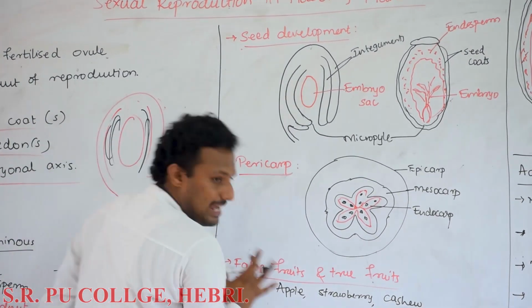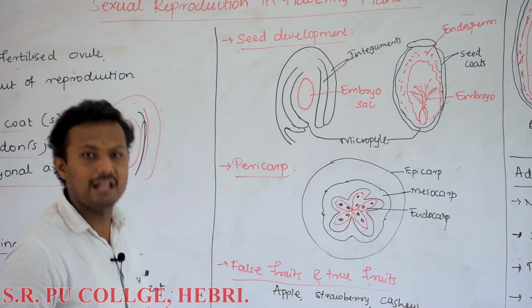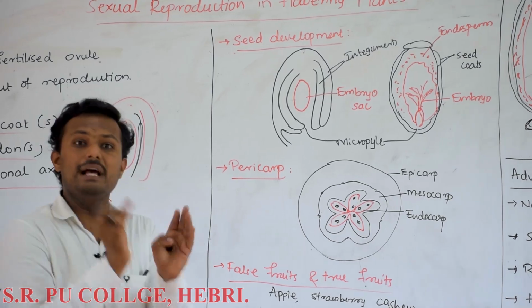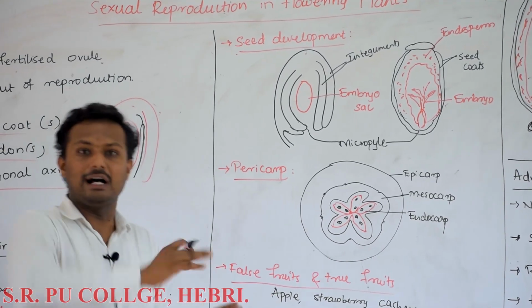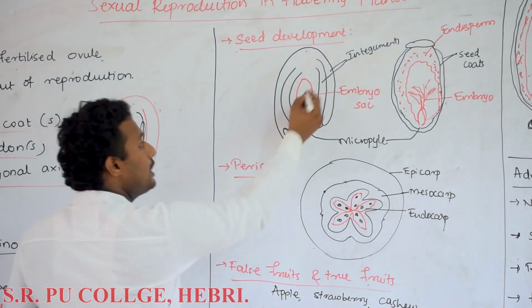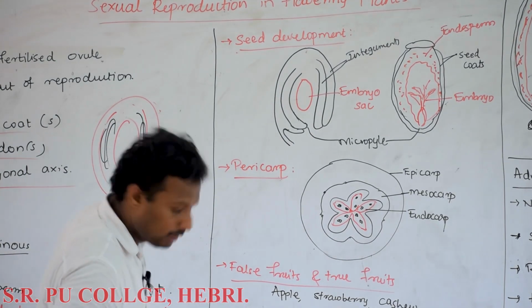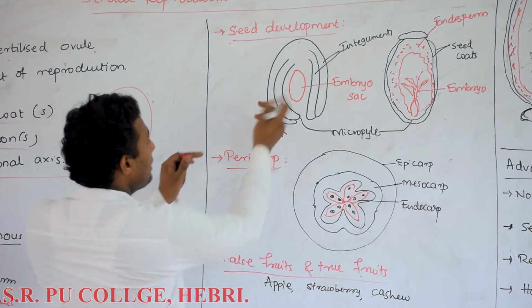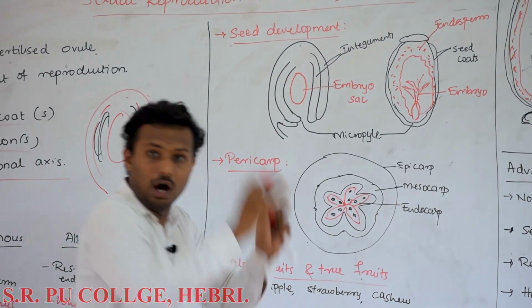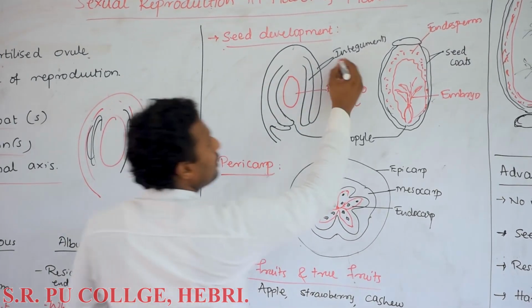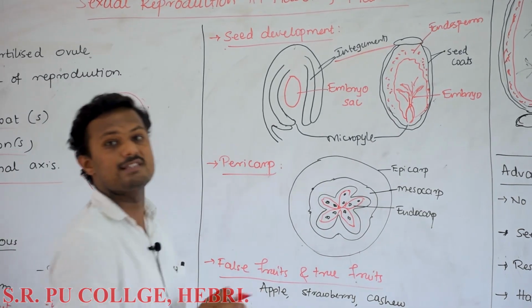And in this case, now what happens? After fertilization, after the double fertilization takes place, after the male gamete fuses with the egg and the other male gamete fuses with the central nuclei, the central structure or the embryo sac will develop into the seed, and the two integuments, the outer coverings of the ovule, will develop into the seed coats.